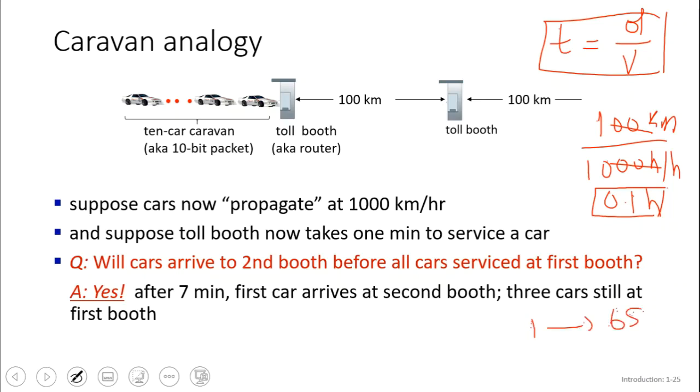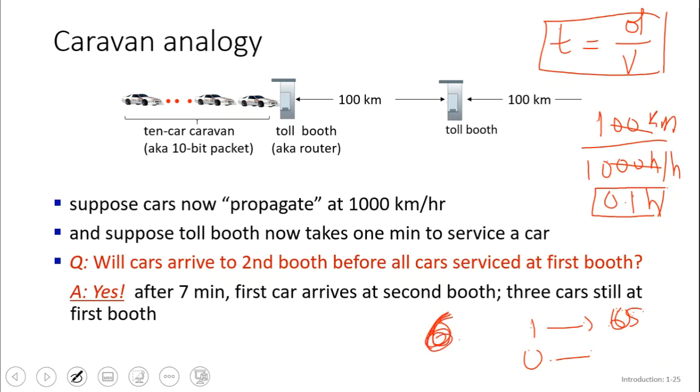Since 1 hour is equal to 60 minutes, 0.1 hour is equal to 6 minutes, right?